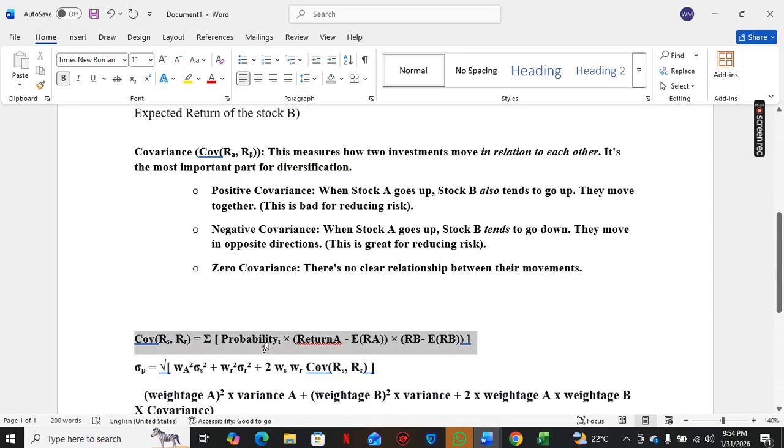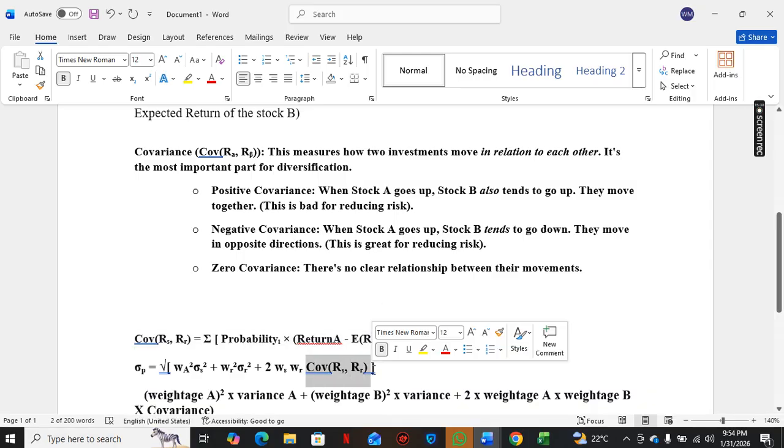So first things first, let's get our covariance so that we deal with the heavy lifting for this formula.